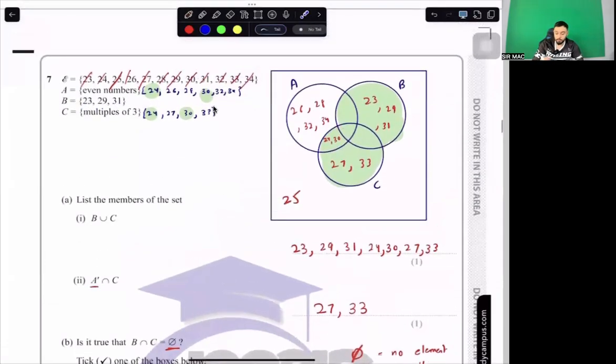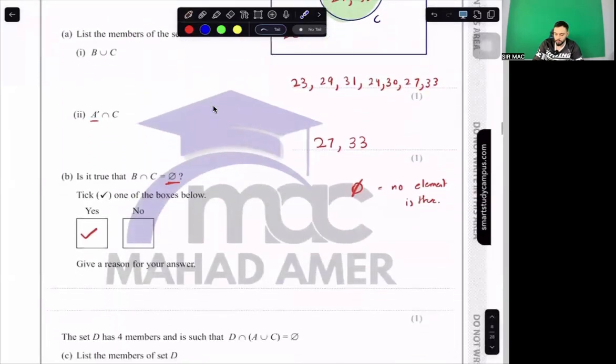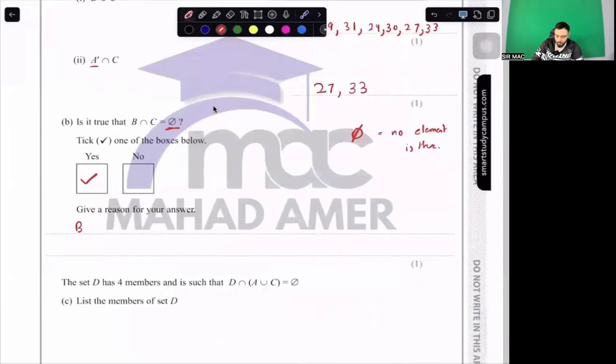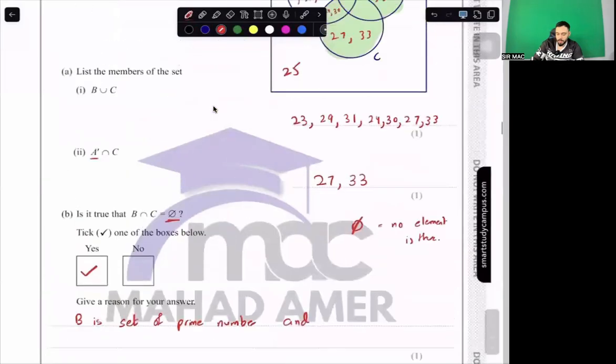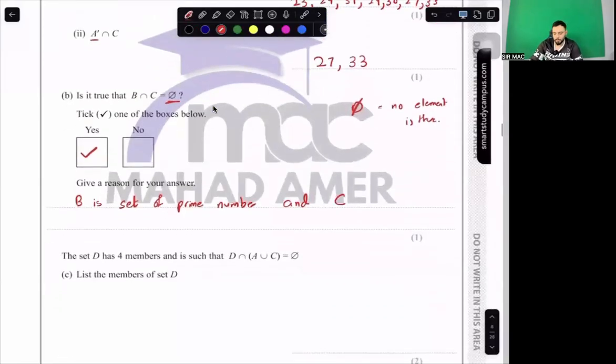So if I would write a reason, I would say that B is only prime numbers and C are multiples of 3, and multiples can't be prime numbers, so they can't overlap. So I would write it like this. There are a lot of things you can write down, whatever suits you, but this is the most perfect way.